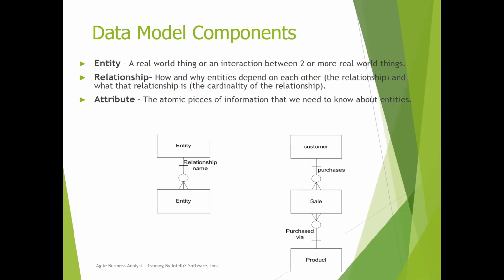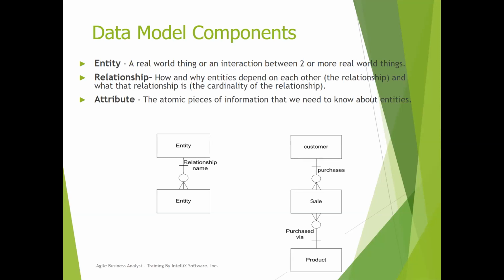The product, which is a real world thing, becomes an entity. In addition to those real world objects, you can also identify the interaction between those real world entities as an entity itself. For example, when a customer makes a purchase, that becomes a sale item. That particular sale or order essentially becomes another entity.